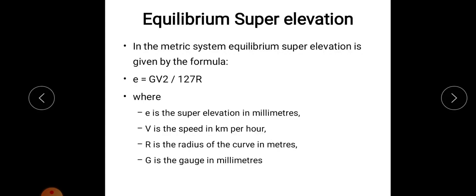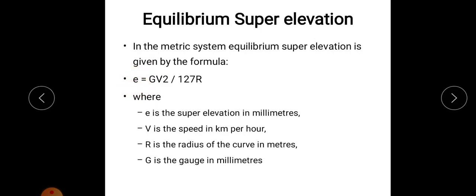Based on this value of V, the speed of the train, the super elevation also varies. So usually we design the super elevation for a particular speed of the train, based on the designed speed, the equilibrium speed, or the average speed, we are designing the value of E.